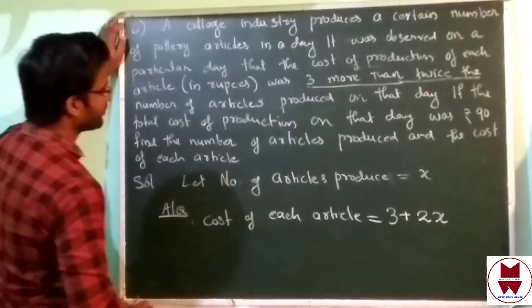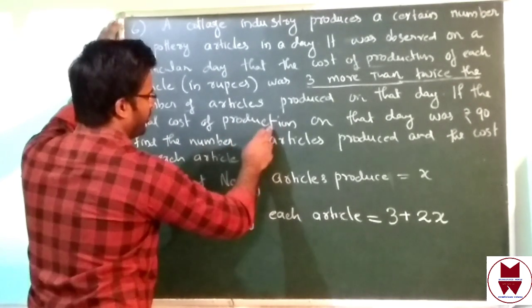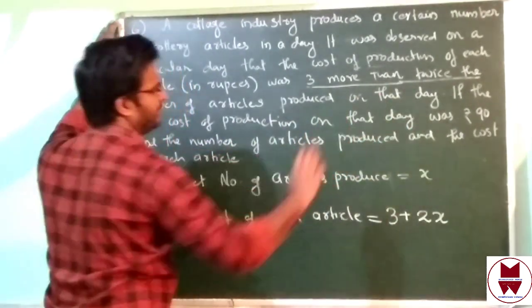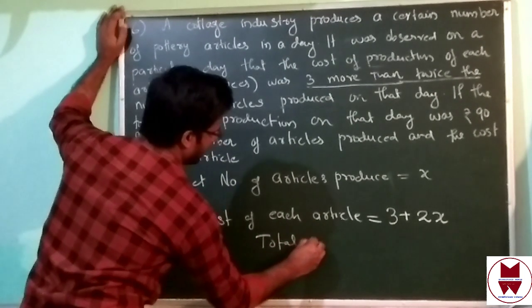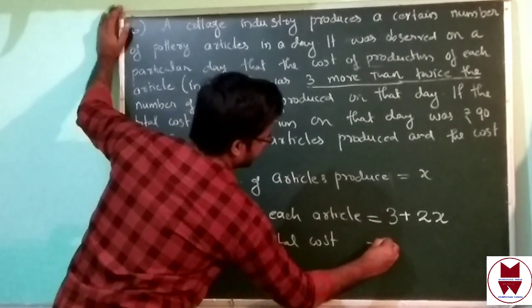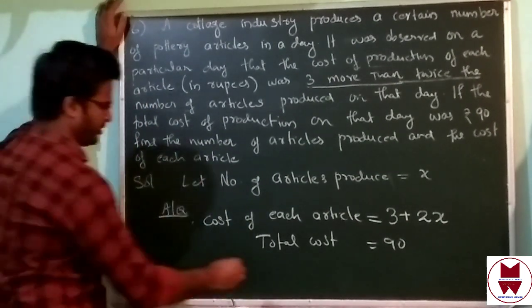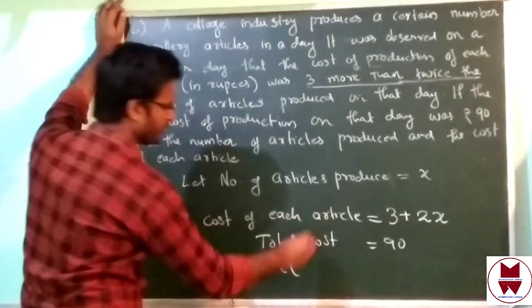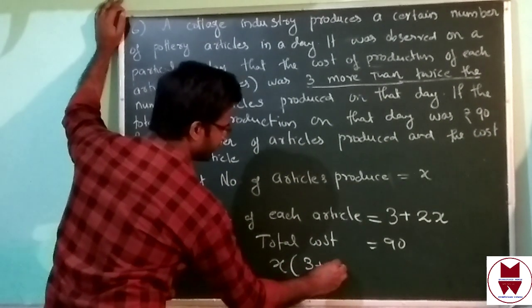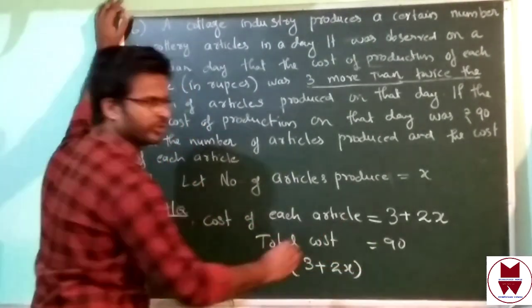Then on that day, the total cost of production is 90. Total cost equal to 90 rupees. How can we find the cost? Cost means number of articles into cost of each article. Number of articles into cost, you will get total cost, isn't it?